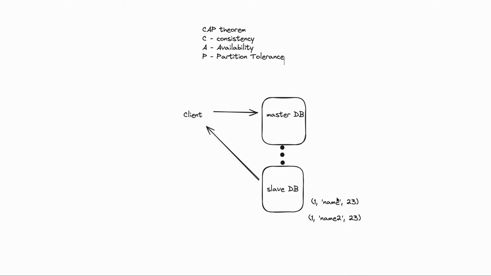Whenever that happens, the data from the master may not be able to be sent to the slave due to a failure here, due to a link failure. Data may not be able to replicate. That's why sometimes we don't read the most recent data, because there may be a failure that prevents the master DB from synchronizing the most recent data to the slave DB.